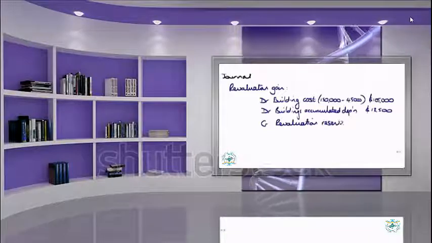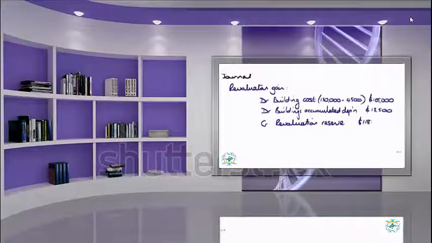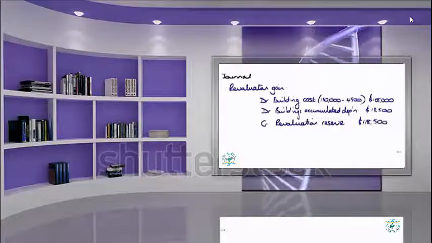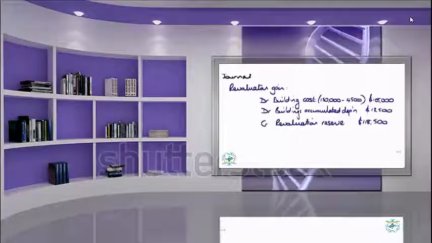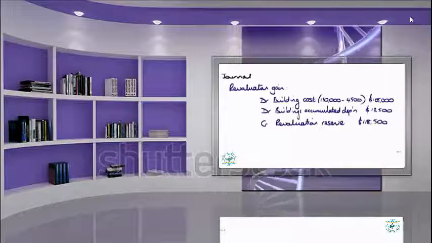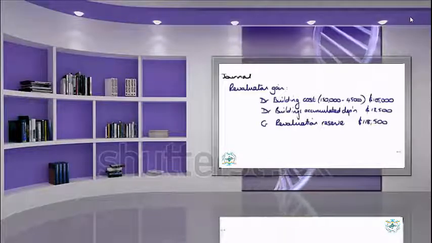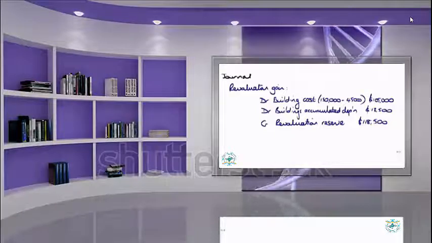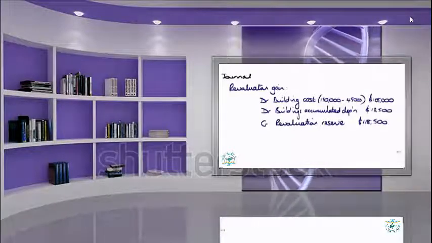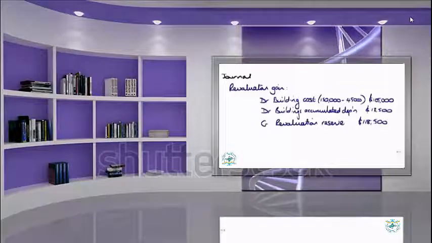So our revaluation reserve, 118,500, and our credit for the gain equals our debits to the asset cost account and the accumulated depreciation account. And you need to learn that journal entry for the exam. Okay, so that is very important.